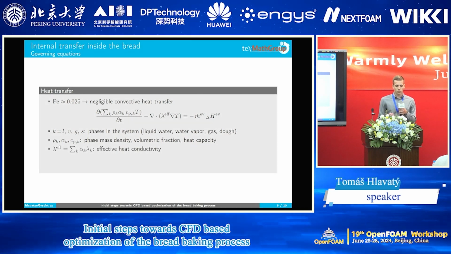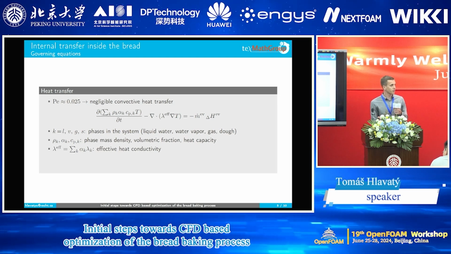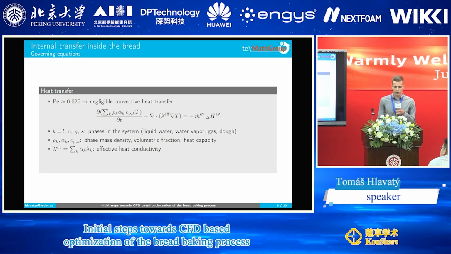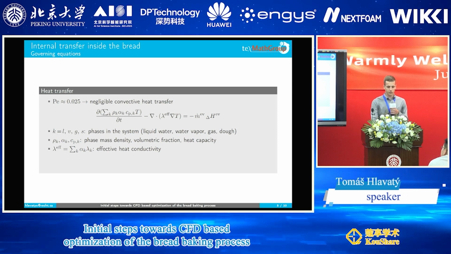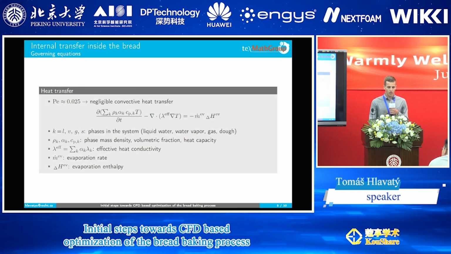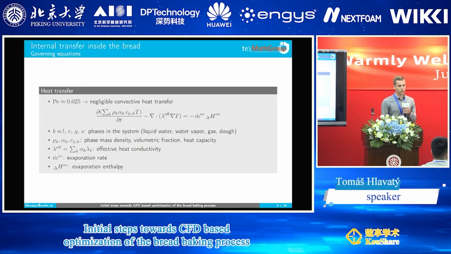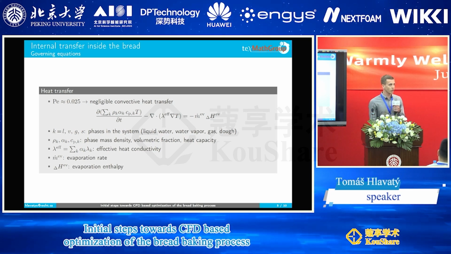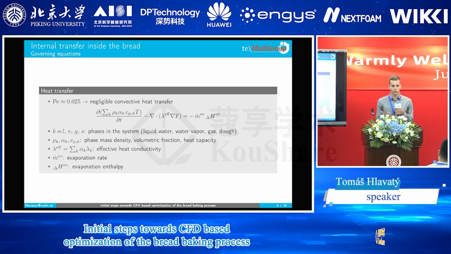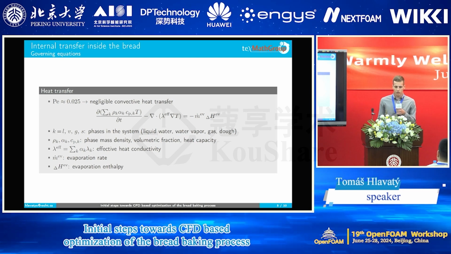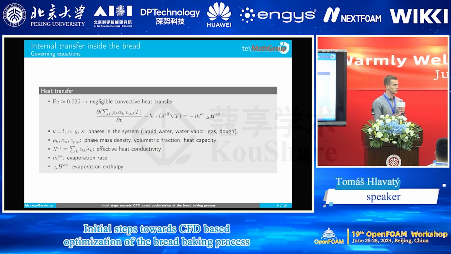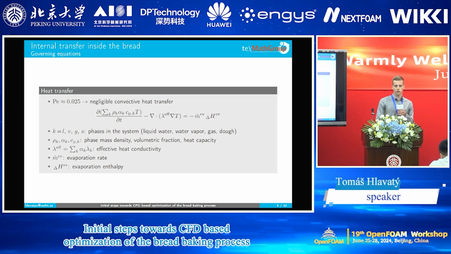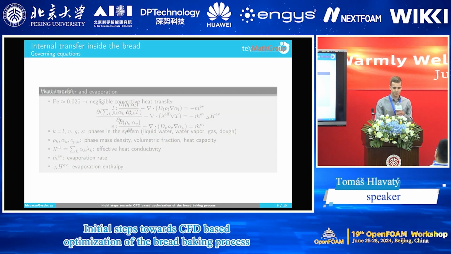Furthermore, effective heat conductivity is calculated simply as the volumetric mean of heat conductivities of individual phases. The right hand side of the enthalpy balance is just the source of heat caused by evaporation or condensation. This m_ev is the evaporation rate that I will talk about in a minute, and ΔH_ev is evaporation enthalpy.